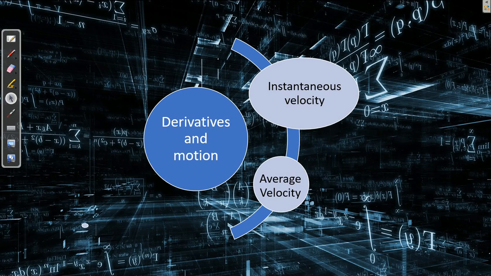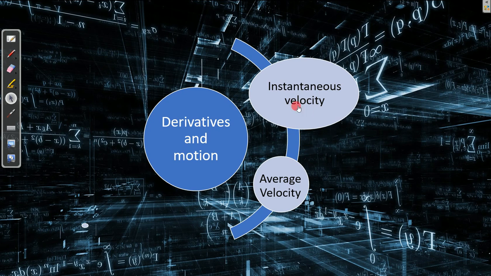Today in class we were taking a look at derivatives and motion, so I just want to do a quick recap and summary for you. There are two main subpoints off of that, instantaneous velocity and average velocity. We spend most of our time with instantaneous velocity because instantaneous means one point, the slope at one point, which is the definition of the derivative.